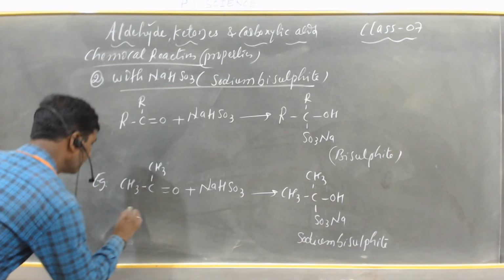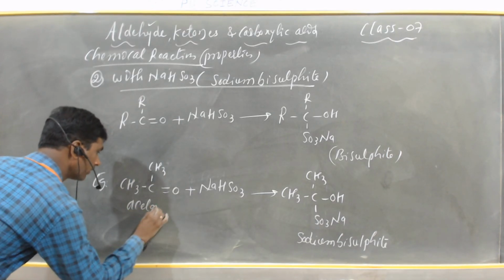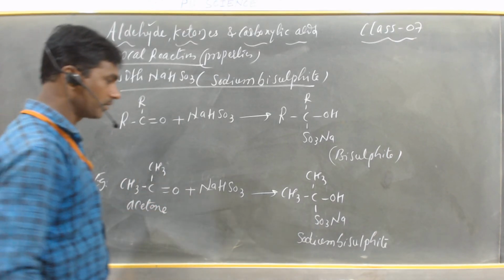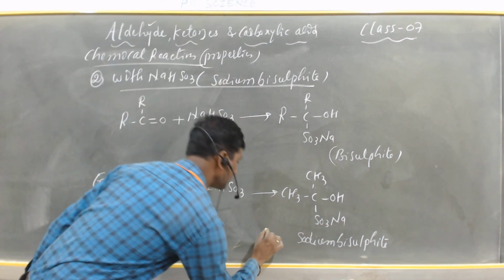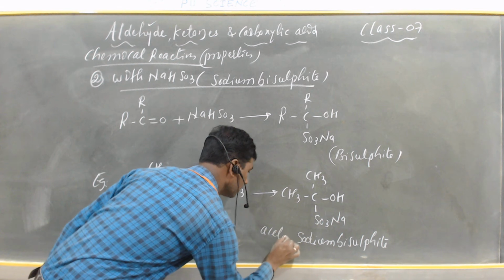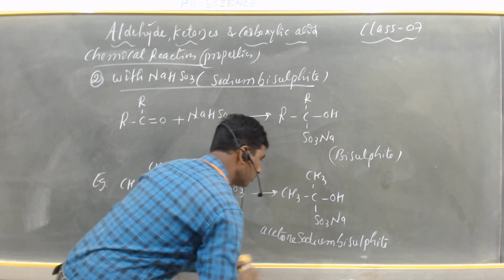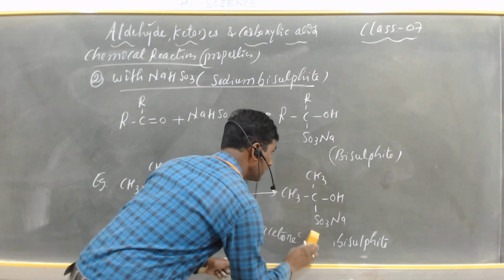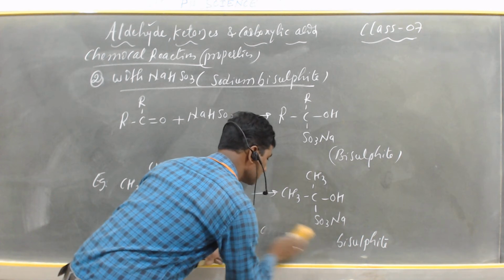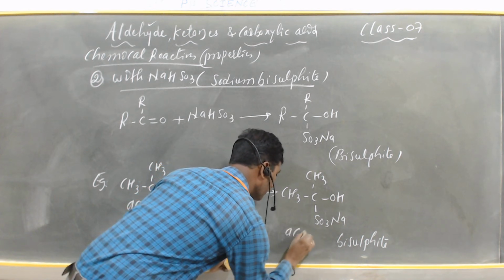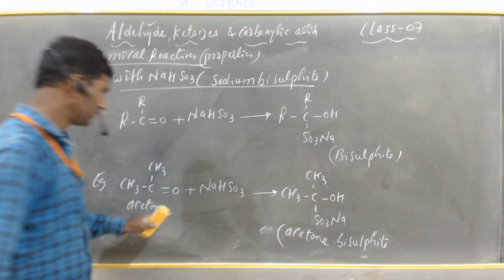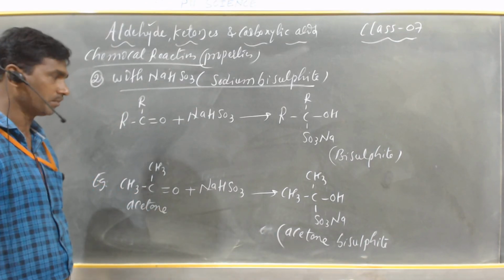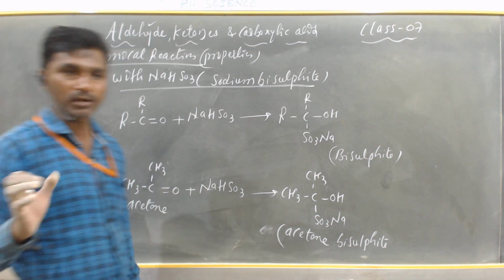What is this starting compound? Acetone. Acetone reacts with sodium bisulfite and gives acetone bisulfite. This is the third chemical property.